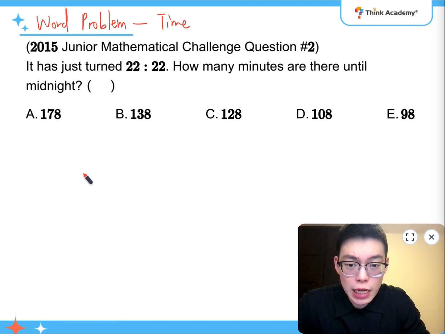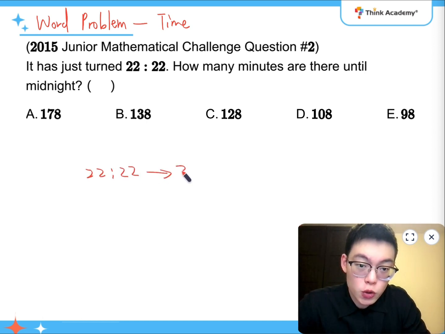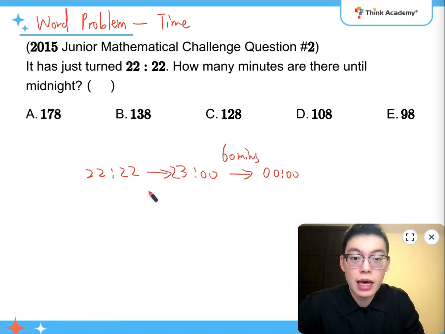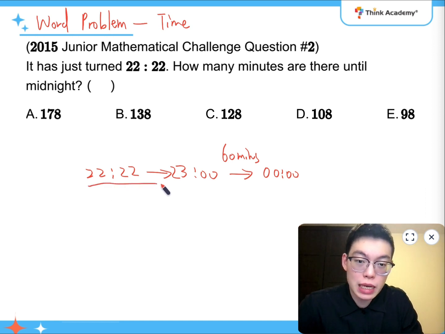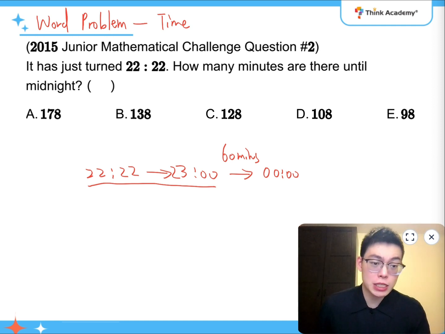So essentially, we just need to calculate how many minutes there are from 22 to 23 o'clock, and then to 0 o'clock. We know that a whole o'clock has got 60 minutes. And if I want to know how many minutes there are from 22 to 23 o'clock, I just need to take away 22 from 60.